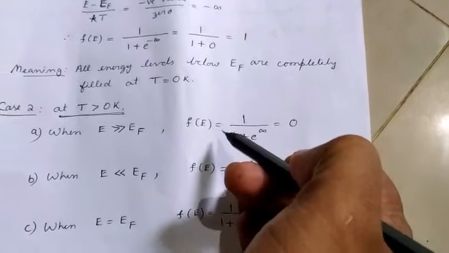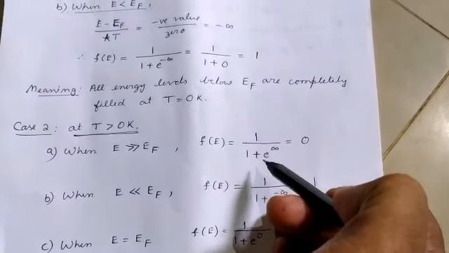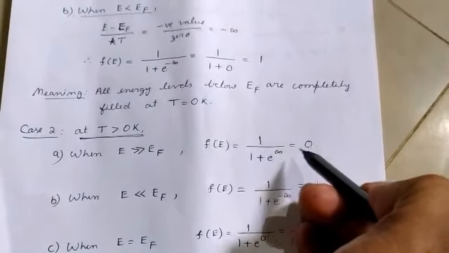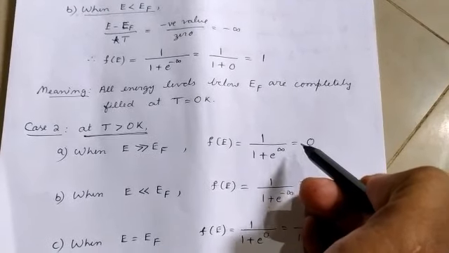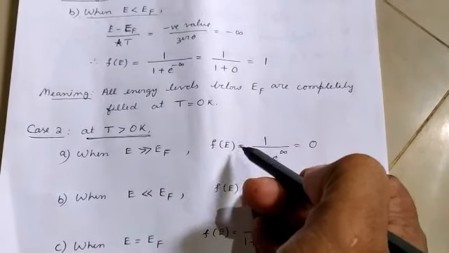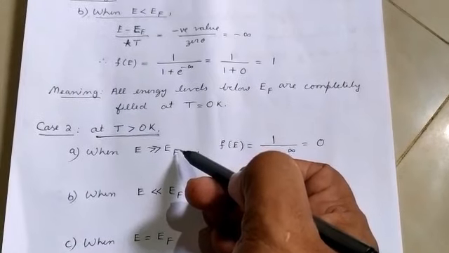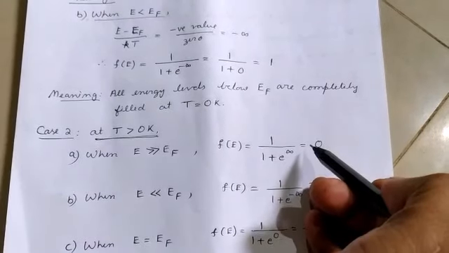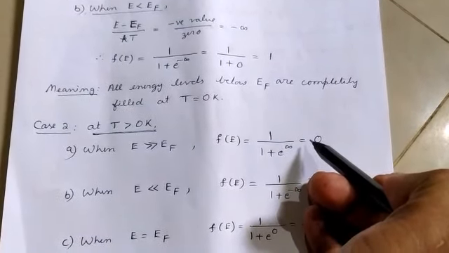Therefore f(E) is 1 / (1 + e^(+infinity)), which is 0. That means the probability of finding an electron in the energy levels far above the Fermi level is 0. Those levels will be empty.